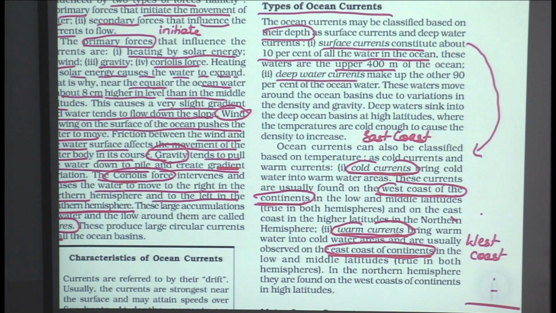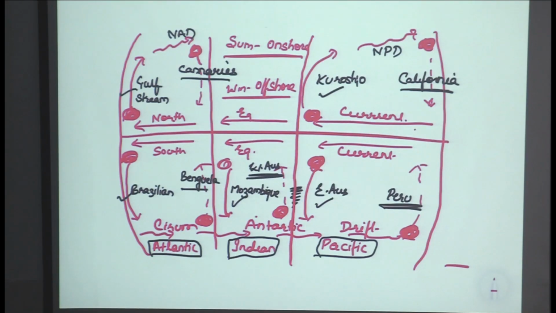I am referring to this diagram again. This was our diagram, and if I try to take reference of it, this is my Atlantic Ocean. So the Atlantic Ocean in the western shoreline, Atlantic West, will be east of South America.